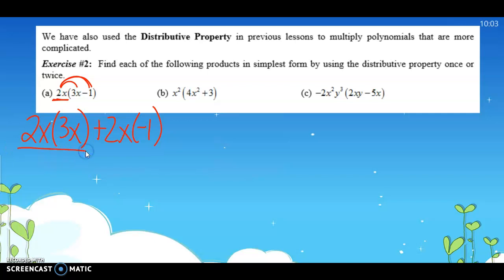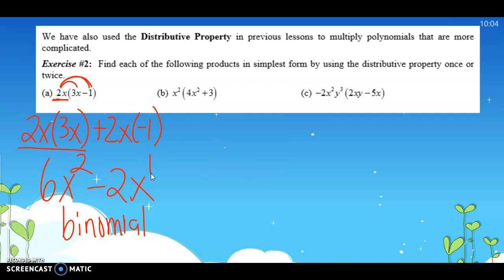So we multiply this together, 2 times 3, 6, x times x, x to the second power. And then it's 2x times negative 1. Not a lot's going to change here, but it is a negative times a positive, a negative 2x, and it ends as a binomial. And I want to write this to show you that these can't be subtracted. They are not like terms.